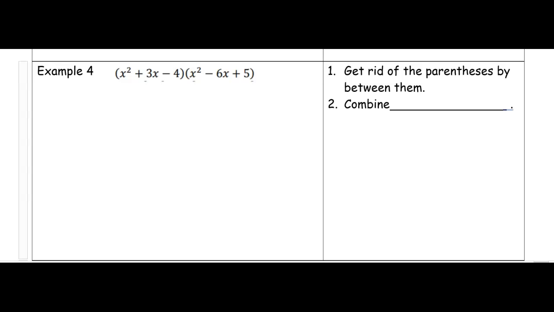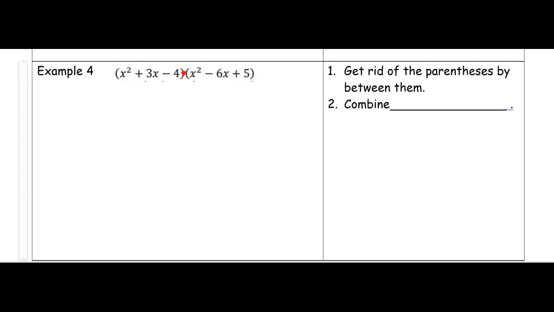Okay, so let's look at one more complicated example. Here you still have two big polynomials, and the relationship this time is multiplication, because you don't see anything between the two parentheses, so it is multiplication. So how are you going to do the multiplication? First, still get rid of the parentheses, but how are you going to do that?